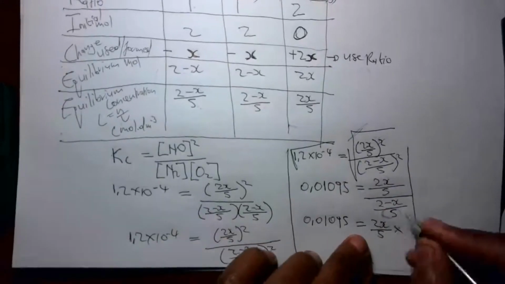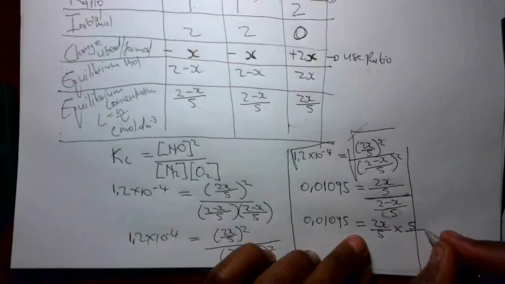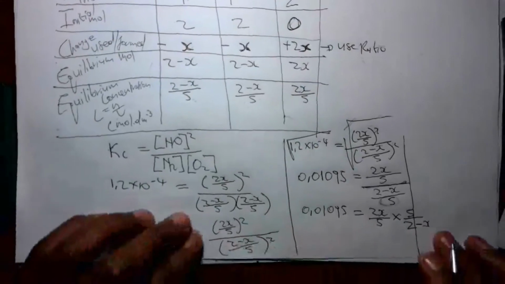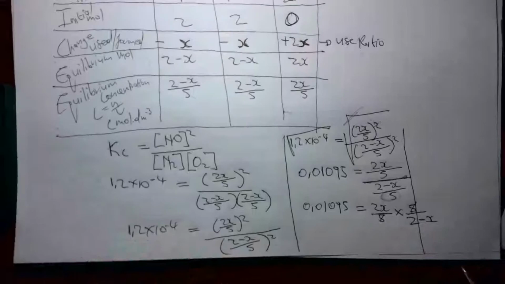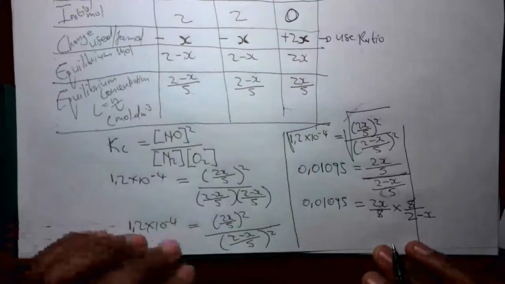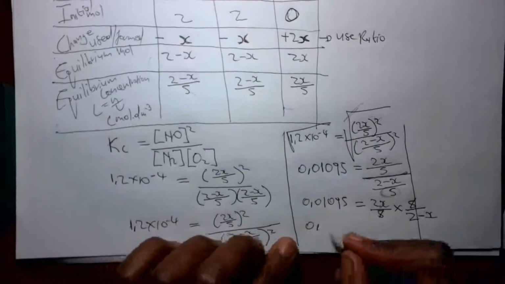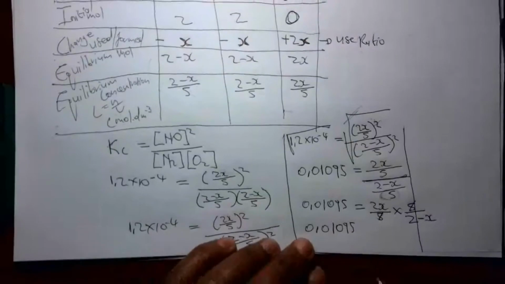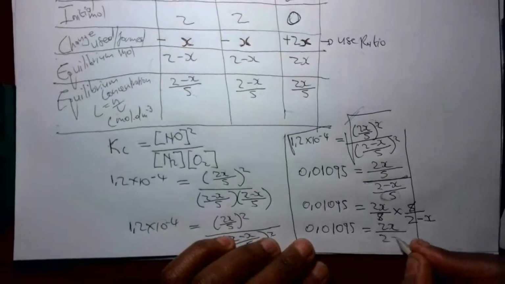Now we change the operation sign to 5 over 2 minus x. This 5 cancels that, and now we are left with 0,01095 is equal to 2x over 2 minus x.